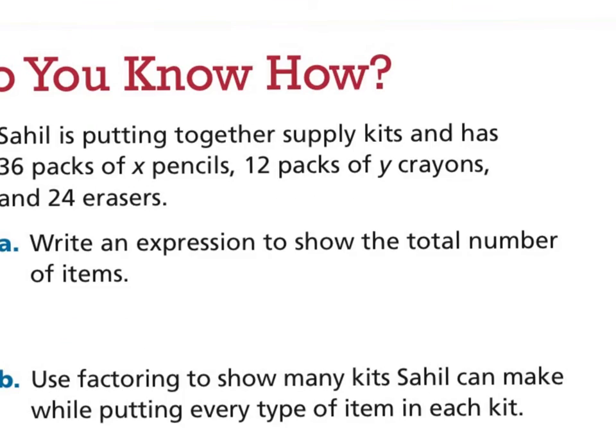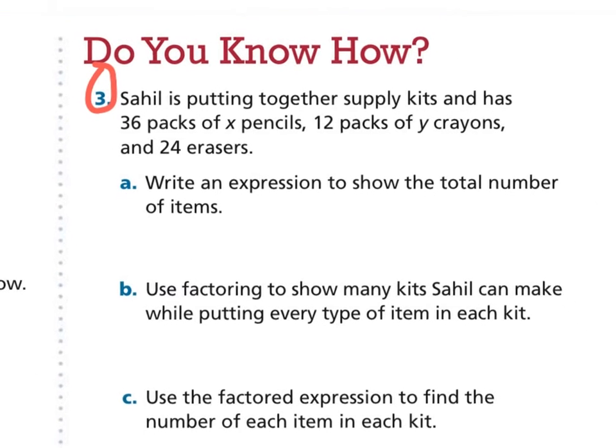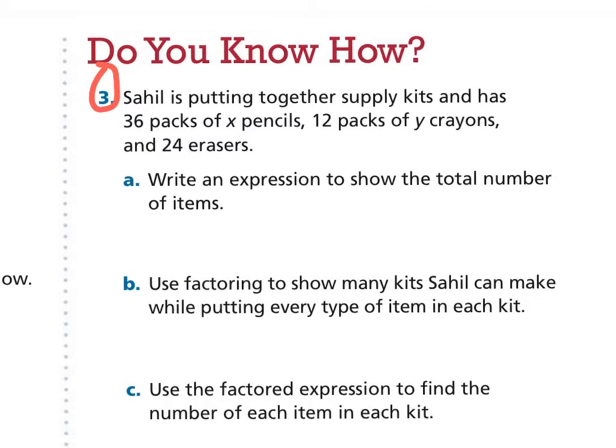If we look at the do you know how number 3, Sahil is putting together supply kits and has 36 packs of x pencils, 12 packs of y crowns, and 24 erasers. Write an expression to show the total number of items. So if we have 36 packs of pencils, there's x pencils in each box. How many pencils do we have?